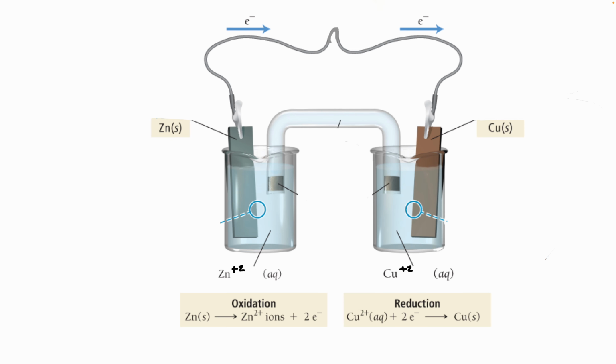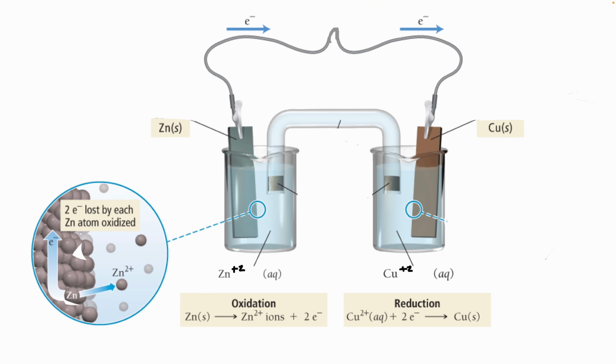All right? If we wanted to imagine what's happening here in our solution, again, we hop into our magic school bus and shrink on down. Those zinc are again losing electrons, but those electrons are now just traveling up through this piece of zinc metal, through the wire, down to the other end of our battery here.